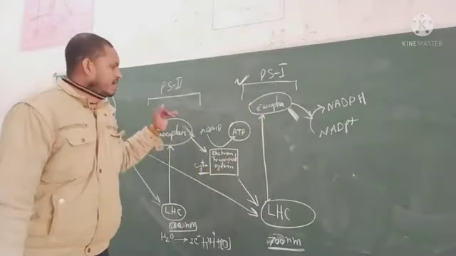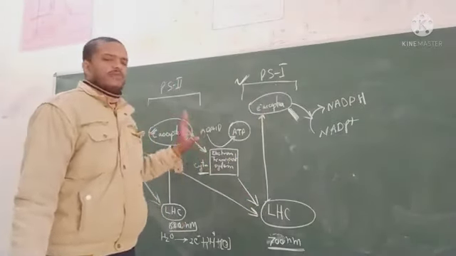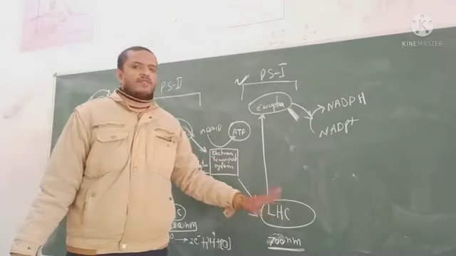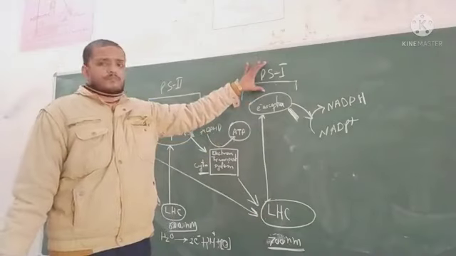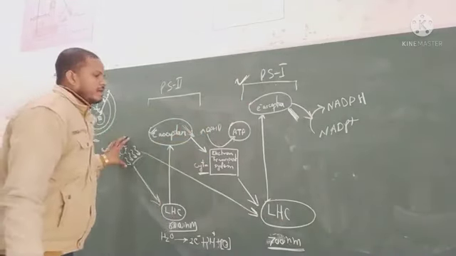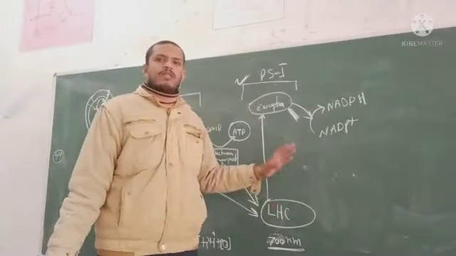The electron acceptors carry that downhill electron to the light harvesting complex of photosystem 1. Again, a quantum of light falls on this light harvesting complex, making it excited.